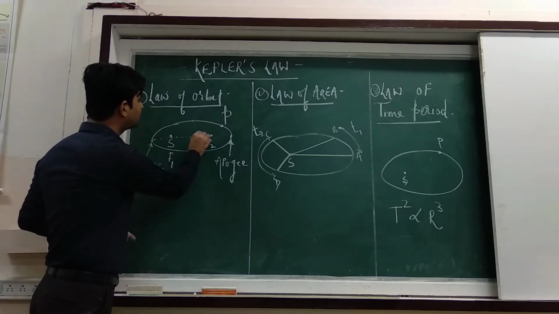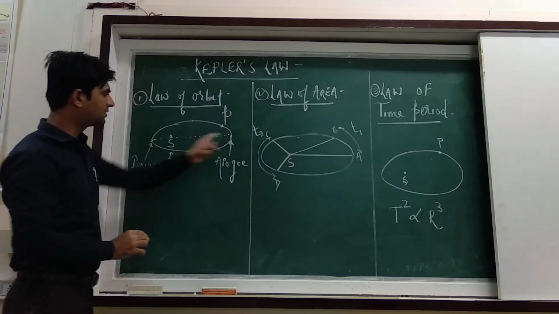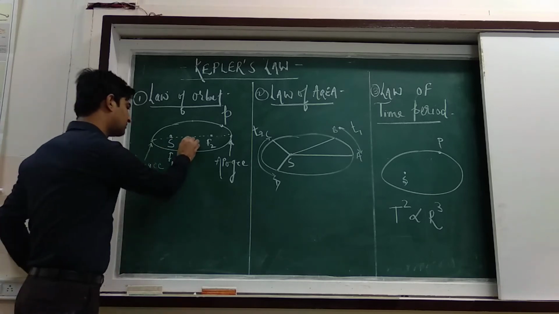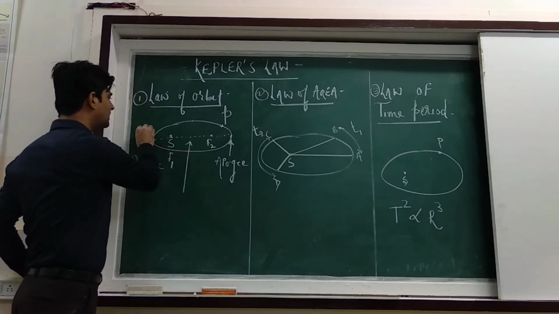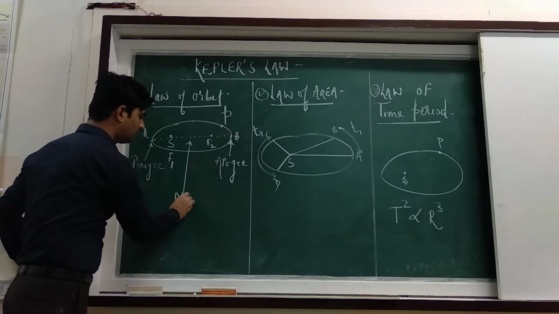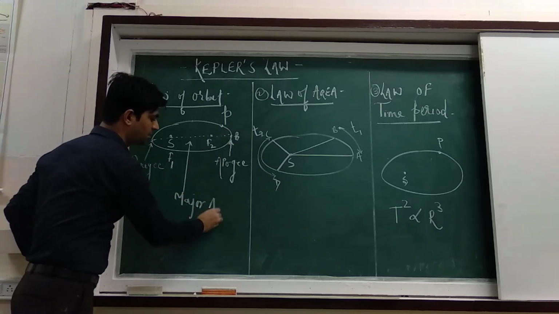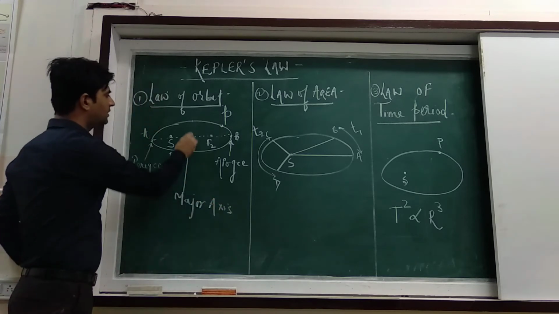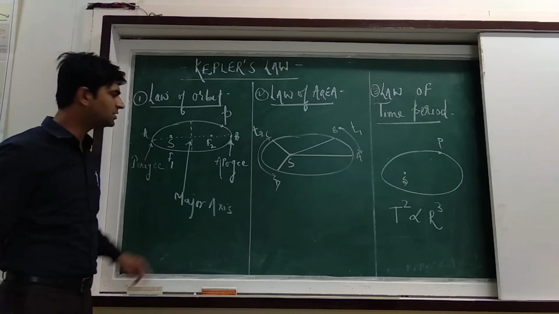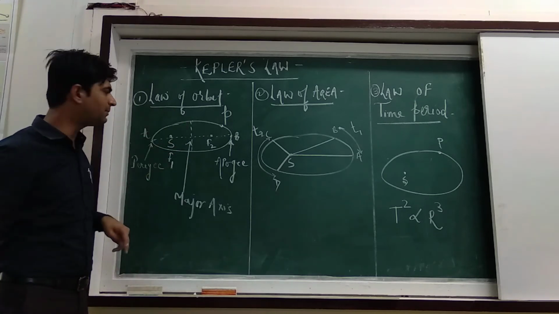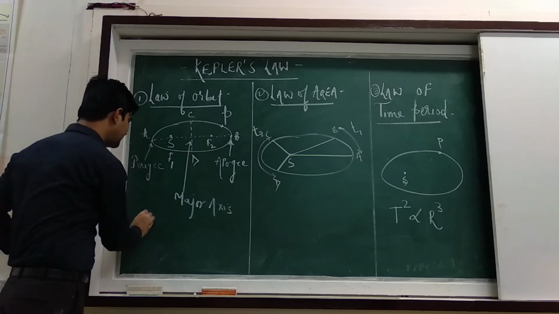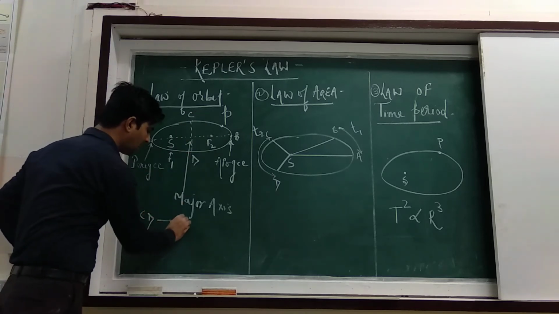If I join these farthest points, the longest distance of the orbit, this is called the major axis. Let me label it as AB. This AB is called the major axis. And if I join the closest points, that is the shortest distance between the two oppositely paired points, let me label it as CD, and this CD will be termed the minor axis.